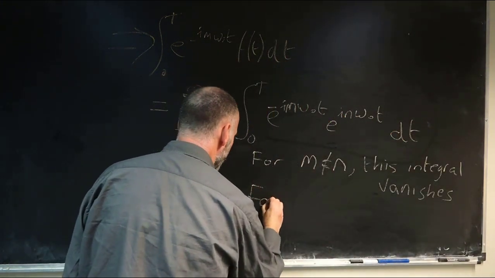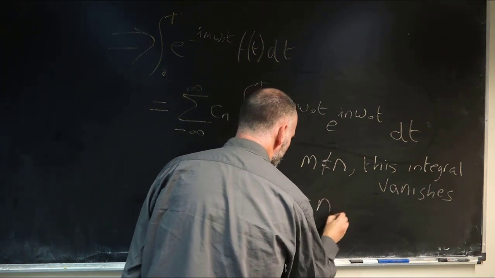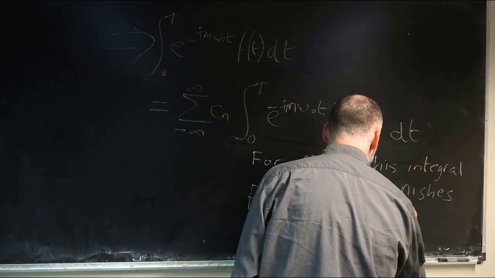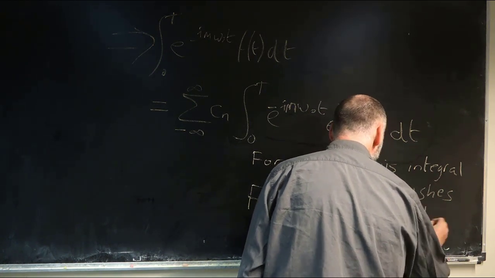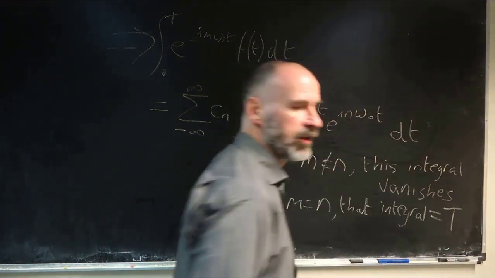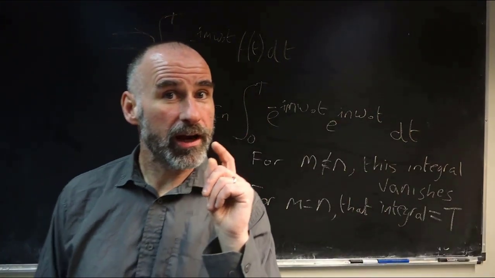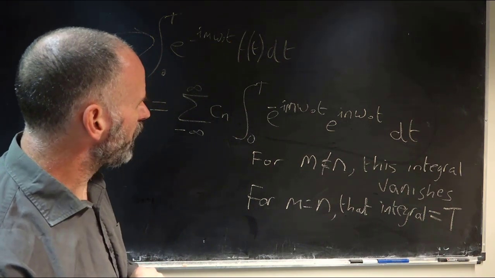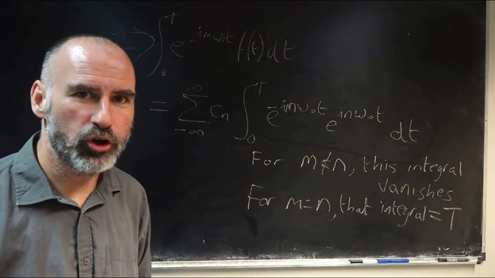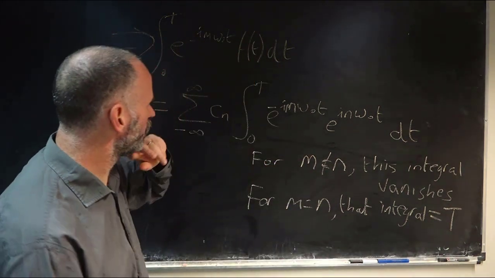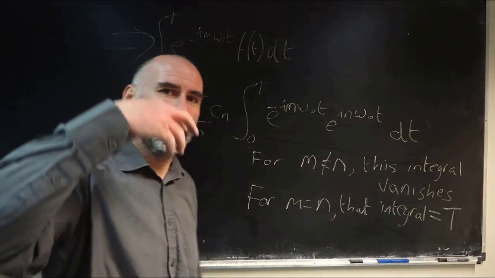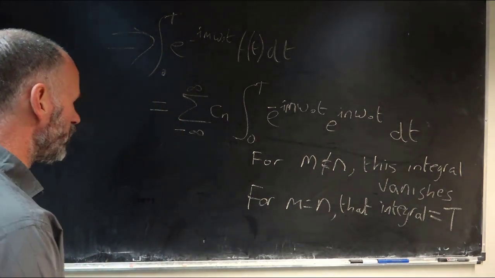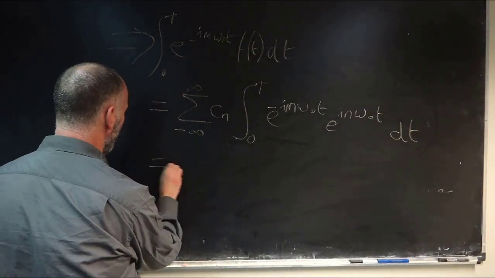For m equal to n, that integral equals T. And if you don't see where the T comes from, for m equal to n, work it through, make sure you can see where the T comes from for this integral. If you still can't do it, get in touch and I'll give you a hint to point you in the right direction.